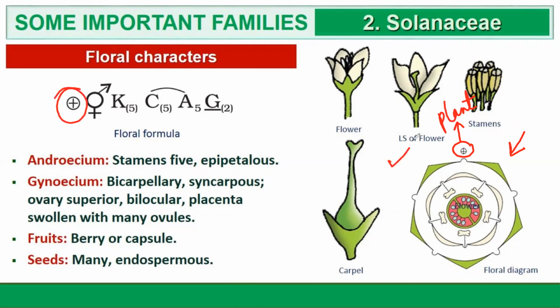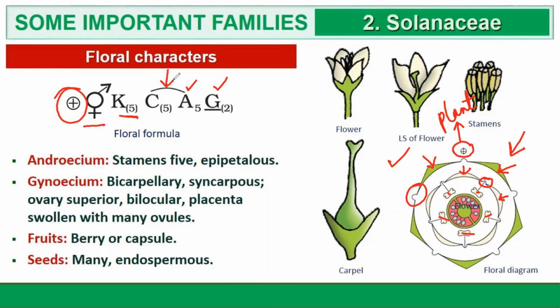Actinomorphic, yes, it is actinomorphic. Bisexual, that means androecium and gynoecium both are present. Calyx are 5 united. So these are the calyx which are united. Corolla are 5 and united. The other layer is corolla, which are united. Then it shows androecium are 5. So 1, 2, 3, 4, and 5. But what is here?